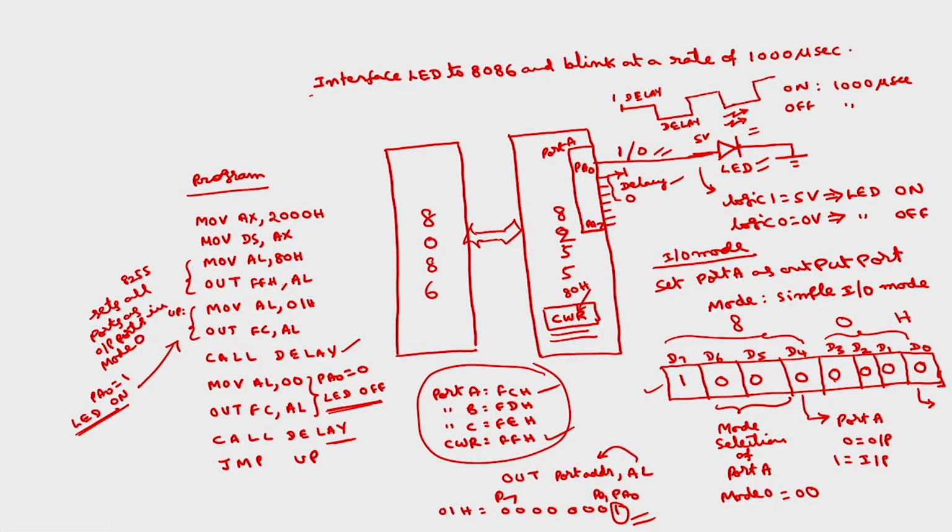Okay. So instead of this LED, if I replace it with a CRO, we can observe a square wave on the CRO. And what is the frequency of this? That will be decided by this delay subroutine.